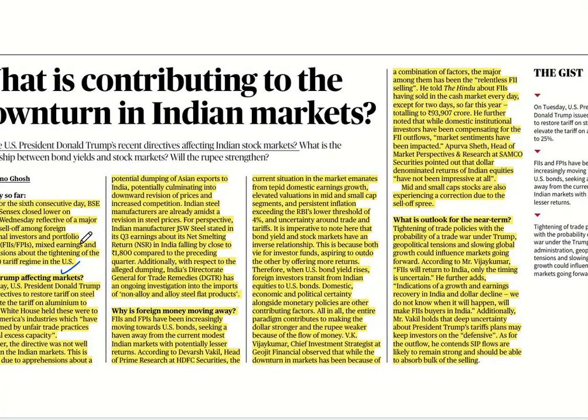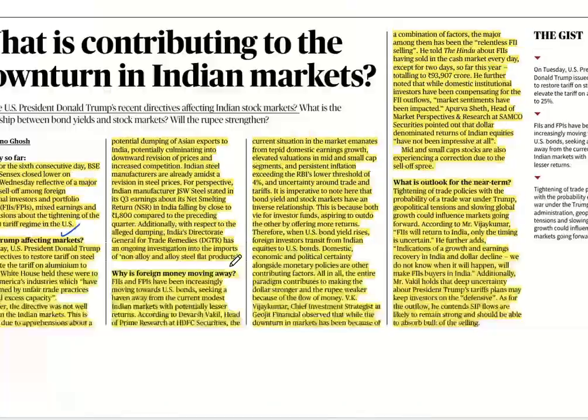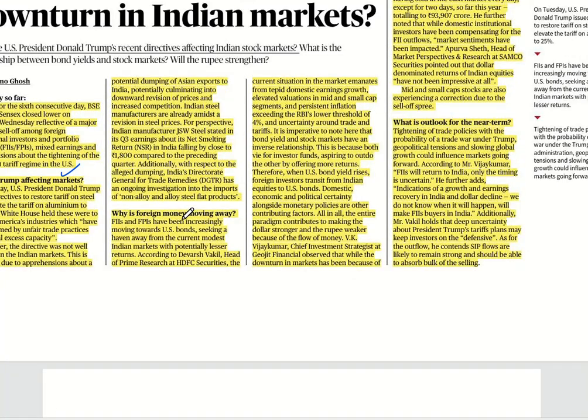So this is about the impact of US tariffs in the Indian sector and the global market. Once you do it, it will be very clear to you. I don't need to explain in great detail. I have highlighted an important point.